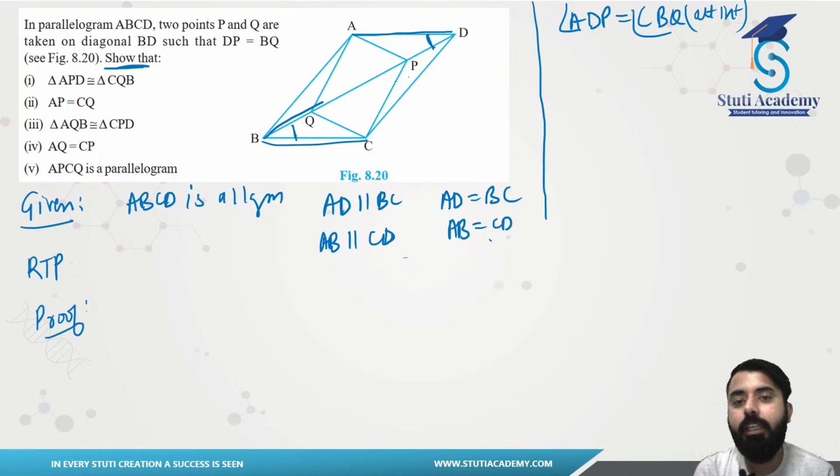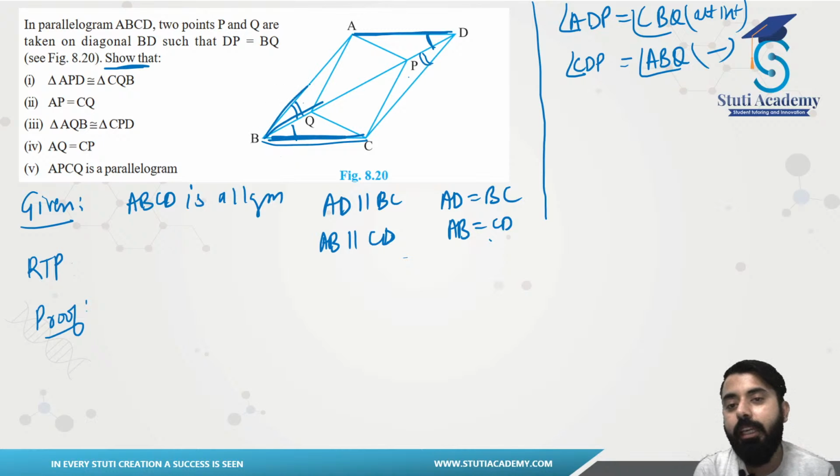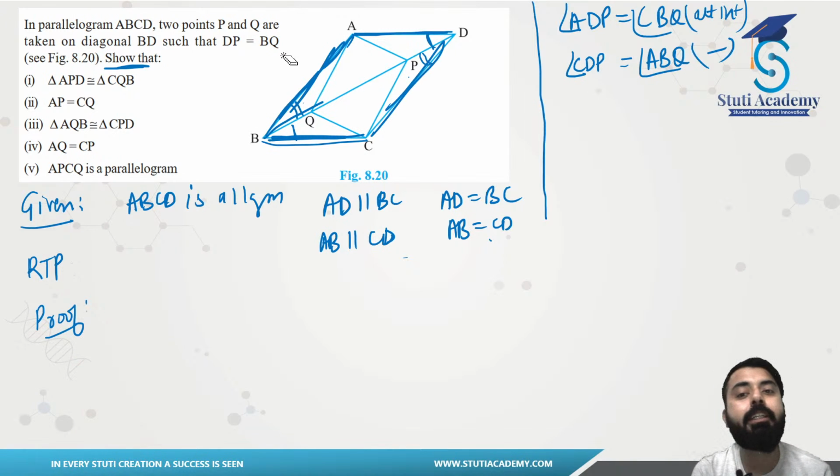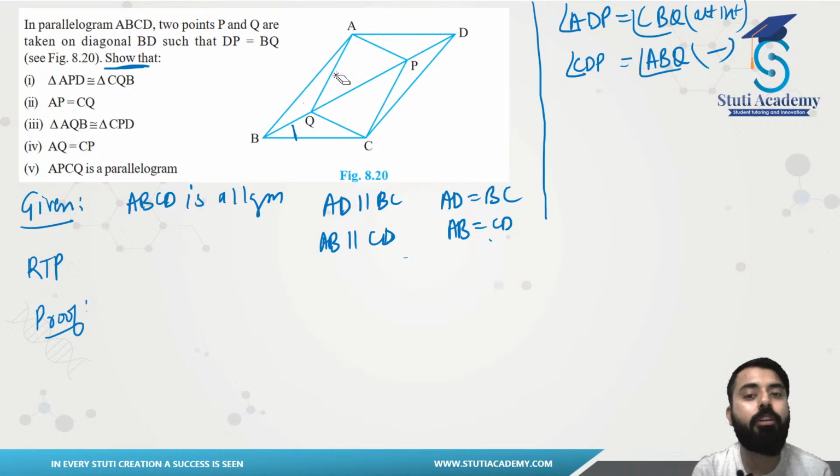Then if I take these two triangles, I can say angle CDP, which is this one, is equal to angle ABQ, this one. Again, alternate interior, because AD is parallel to BC and AB is parallel to CD. So BD is acting as a transversal. The pair of alternate interior angles have to be equal. So that is the main thing to be noted here.